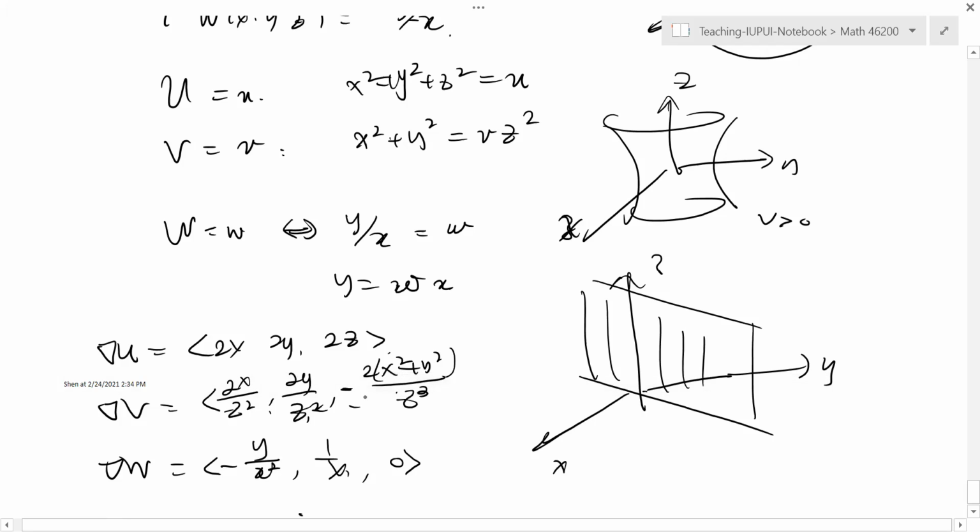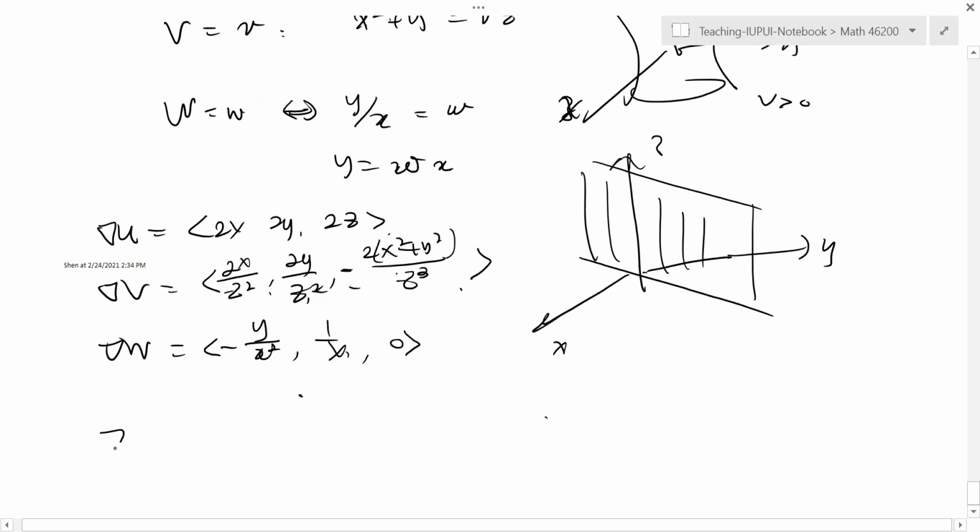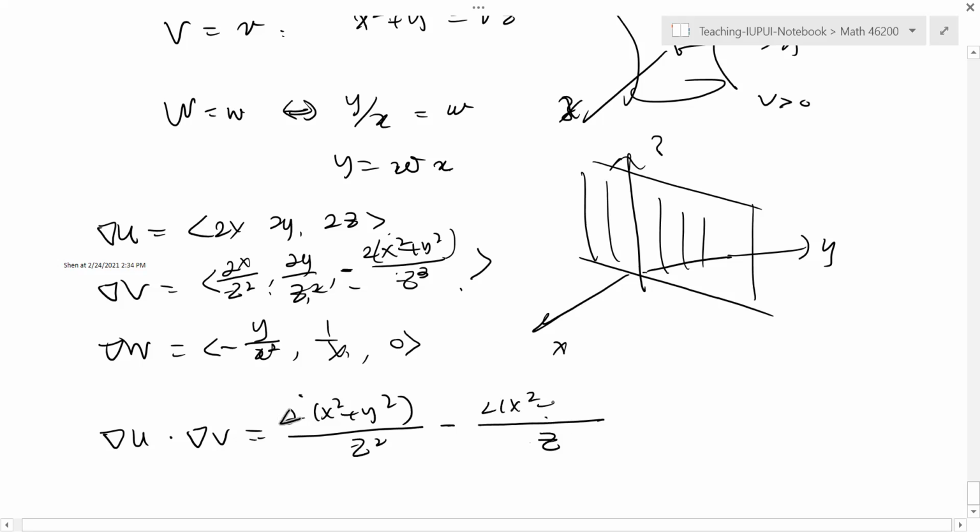I hope this time it works. When I look at the product with the gradient of u, I get twice x squared plus y squared over z squared, minus the same term, which is 0. Great, it works.